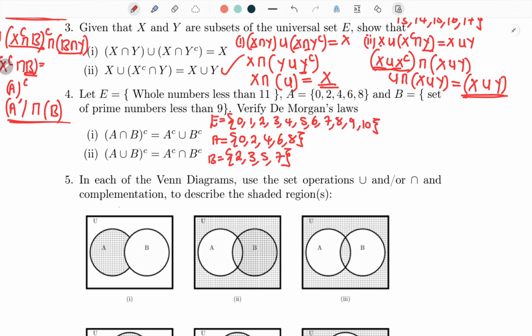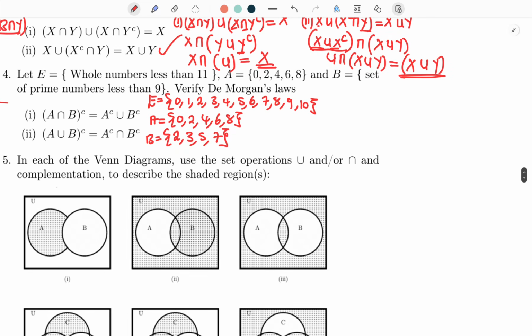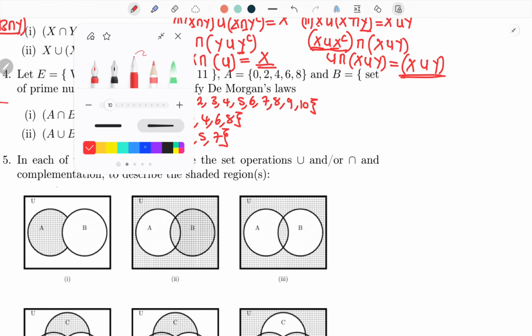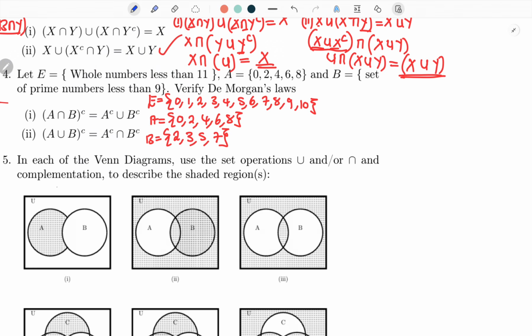Now, we have been given this question. This question is saying we prove that A intersection B complement is equal to A complement union B complement.